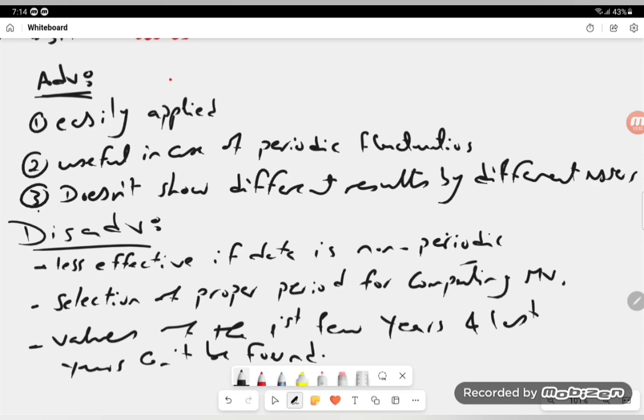So let's move to the fourth method, which is the least squares method.